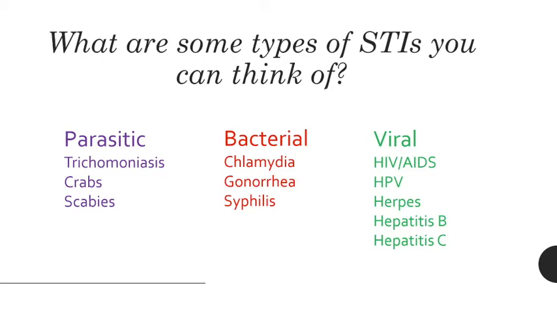You may have heard the campaign U equals U, which stands for undetectable equals untransmittable. That message is basically trying to tell folks that if you get tested and you get on treatment and you stay on treatment, your viral load will be so low that you won't be able to pass it on to anybody else. So those are just some important things to know about the differences between bacterial and viral.